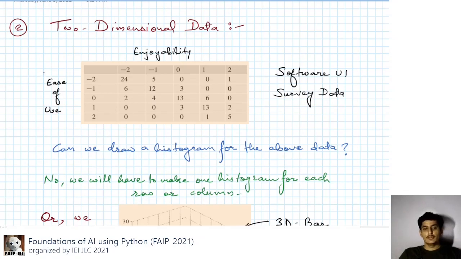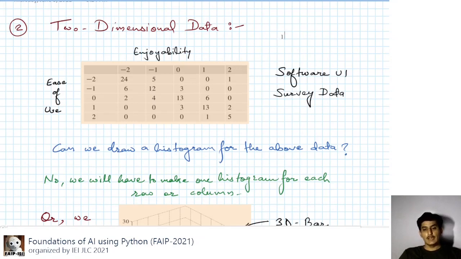Although these two parameters seem to be almost the same, I don't know why they did such a study. So on one axis we have ease of use, on another axis we have enjoyability for a given software. Now, given this data set, can you draw a histogram for the above data?